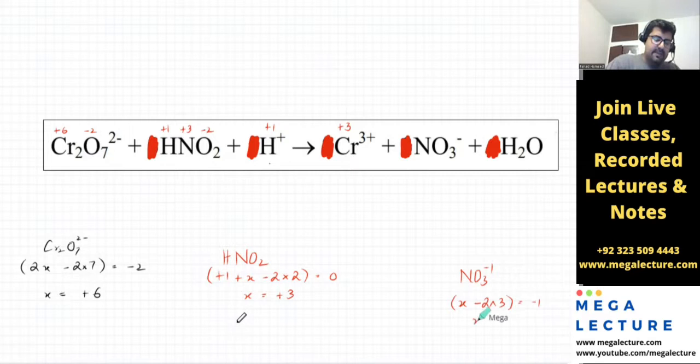So x की जो value है, that's going to come out to be +5 in this case. So that means N over here is +5, O is -2, and H is +1, O is -2. ठीक है? Remember, H and O are mostly +1 and -2. ये clear है कि the first thing when you're trying to balance is you have to figure out the oxidation states. Is that clear?